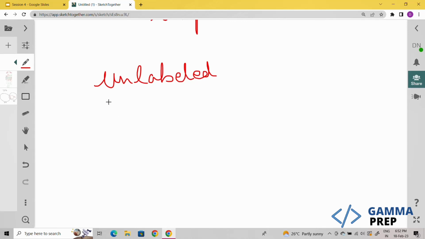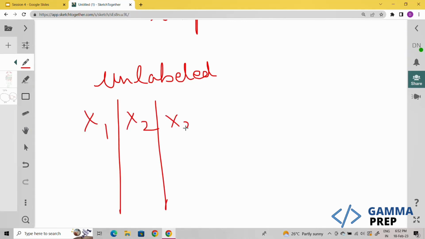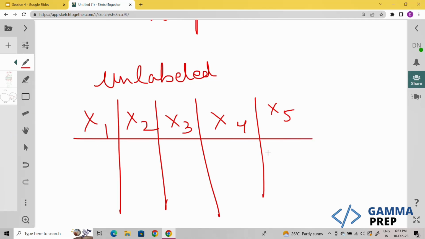What does unlabeled data mean? Here we have multiple features, x1, x2, x3, x4, x5. We don't have a target as such. We don't have any target which we are trying to predict. So we have attributes, and now based on this, we are trying to do something. For example, let's say we are trying to group. Let's say we have students.